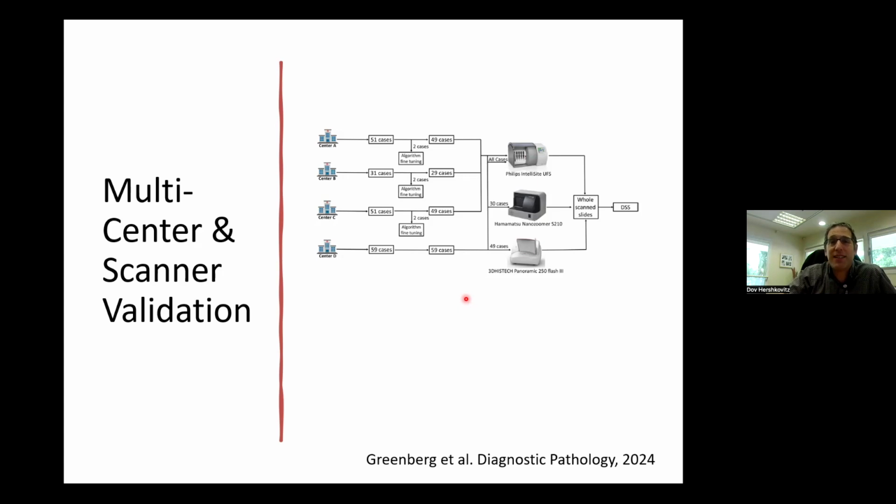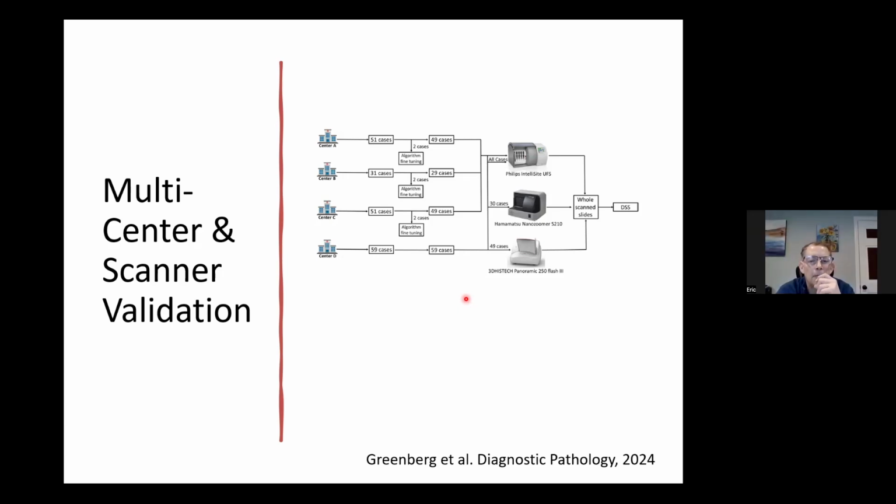I think it was Center D. I need to check it, but all the cases from our center underwent scanning by. Actually, as you can see, not all cases. All cases underwent scanning by the Philips platform. 30 of the cases underwent scanning by the Hamamatsu platform, and 49 cases underwent scanning by the 3D Hist platform.